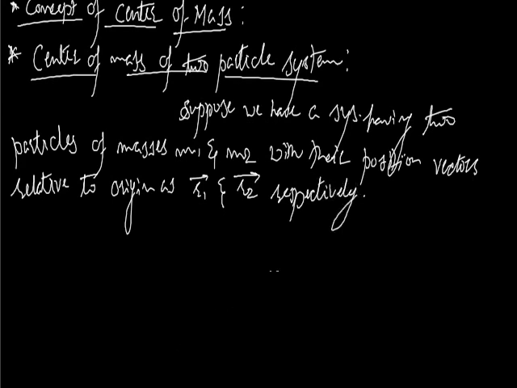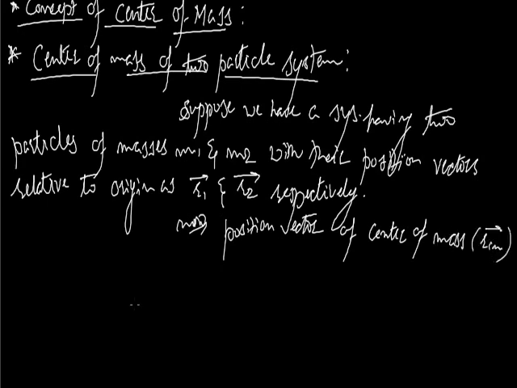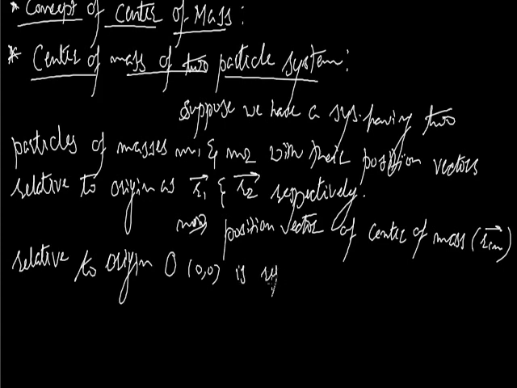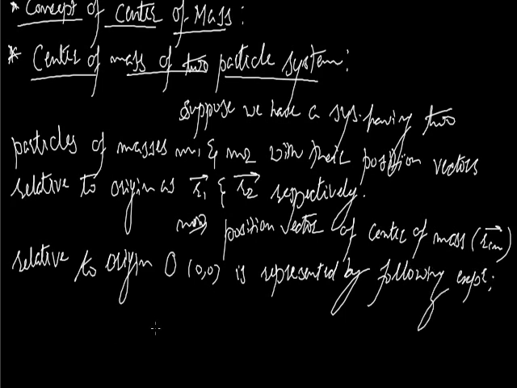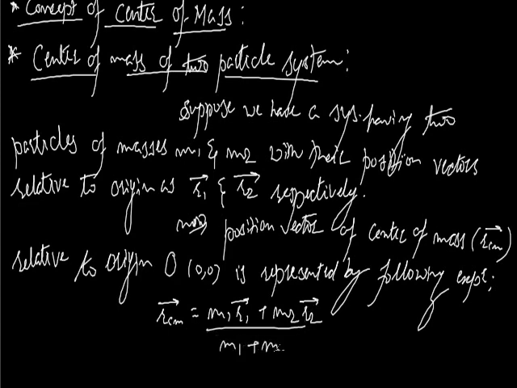Now the position vector of the center of mass, RCM, relative to origin O having coordinates 0, 0, is represented by the following expression, where RCM is equal to m1 R1 plus m2 R2 upon m1 plus m2.